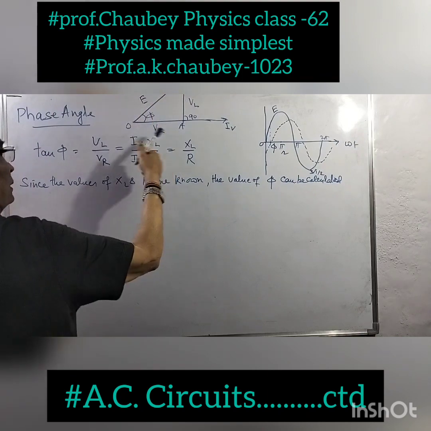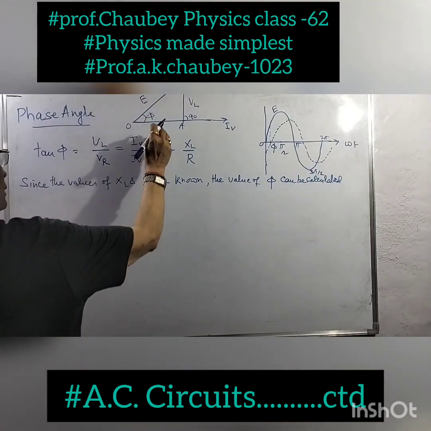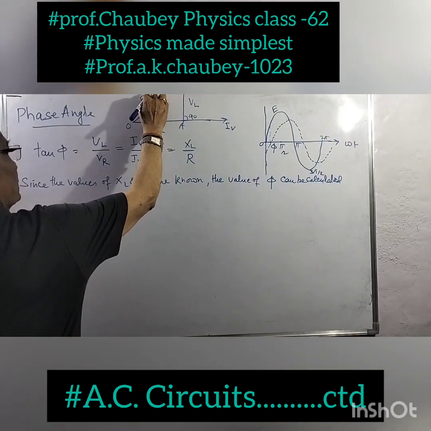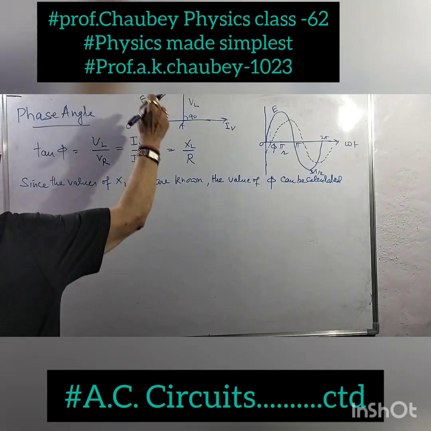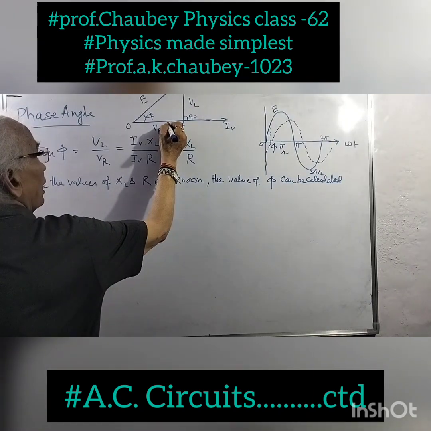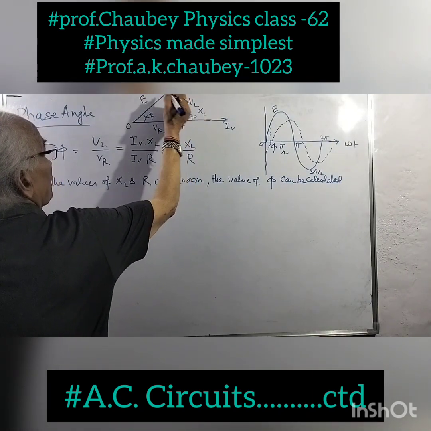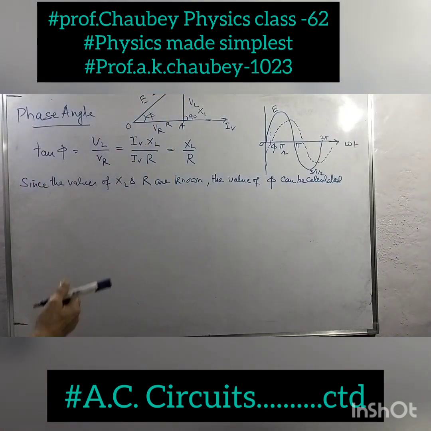So this is the potential triangle. Similarly, you can make from this an impedance triangle, where here is the resistance R, here is omega L, and here is the representative impedance of the total circuit, simply Z. So here it is R, here it is XL, and here it is Z. This also you can call the impedance triangle.